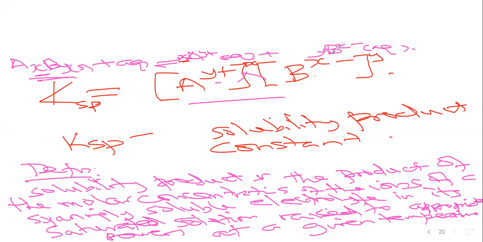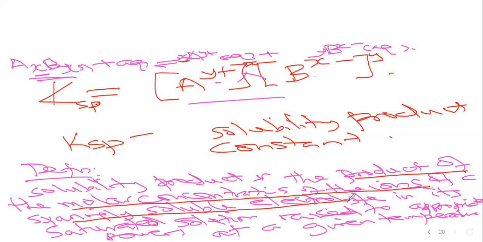So what are the key points that you shouldn't forget in this definition? Product of the molar concentrations of the ions, which ions must be for a sparingly soluble electrolyte, which is in its saturated solution. This is very important. Raised to appropriate powers at a given temperature. That's the definition of solubility product.